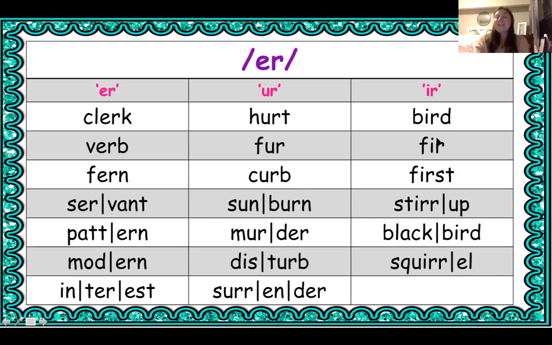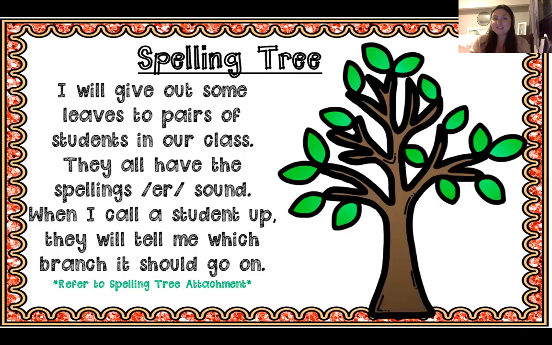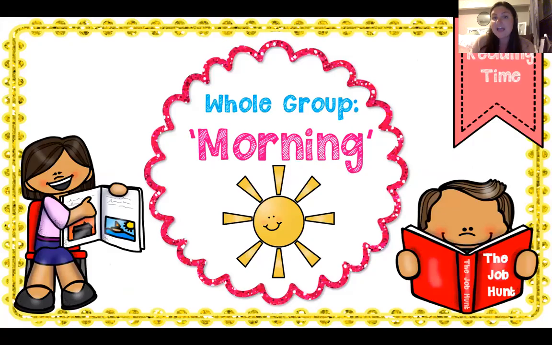And lastly, I have words that say the sound with this IR spelling, like bird, first, stirrup, blackbird, and squirrel. So all of these words have the sound, even though they're spelled different ways. Okay, so we were talking about our spelling tree, and we can add some more words to our spelling tree.